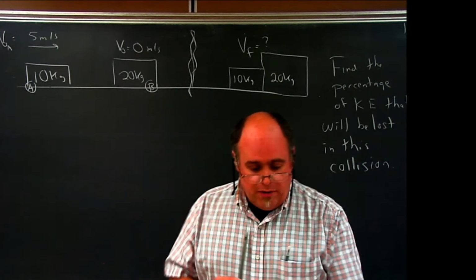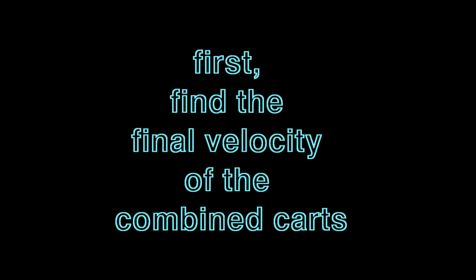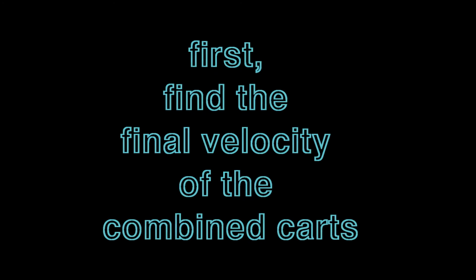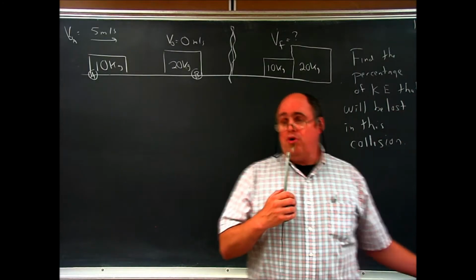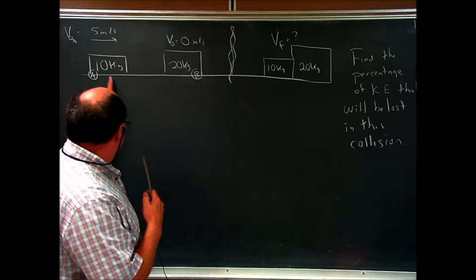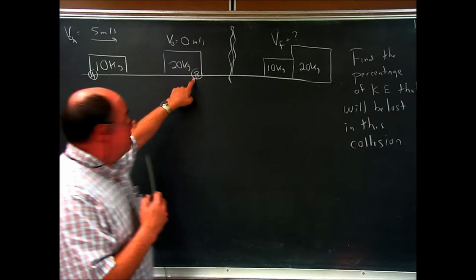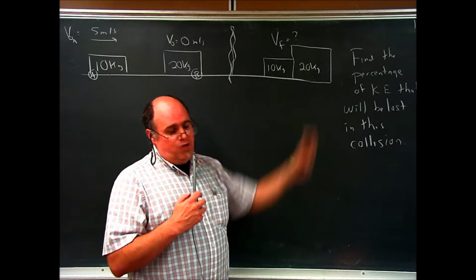We'll start by writing the formula for conservation of momentum, by putting the symbols underneath each one of these boxes. I've called the first box A and the second box B, and the big stuck-together box I haven't called anything yet.